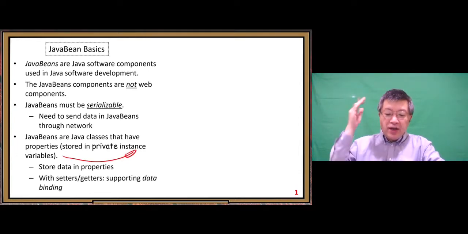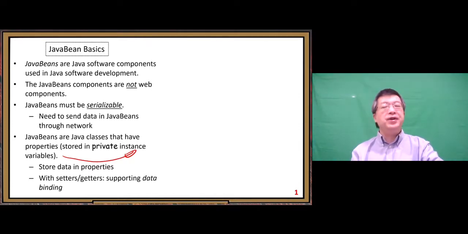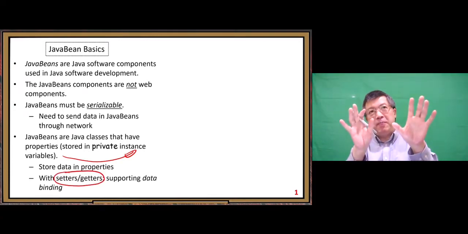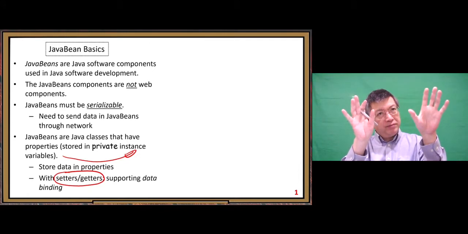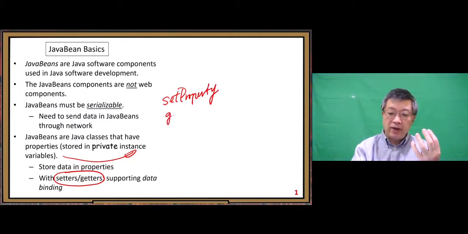With setters and getters supporting data binding. A lot of things to explain in this short sentence. First, setters and getters. Special Java methods that start with set property, get property.